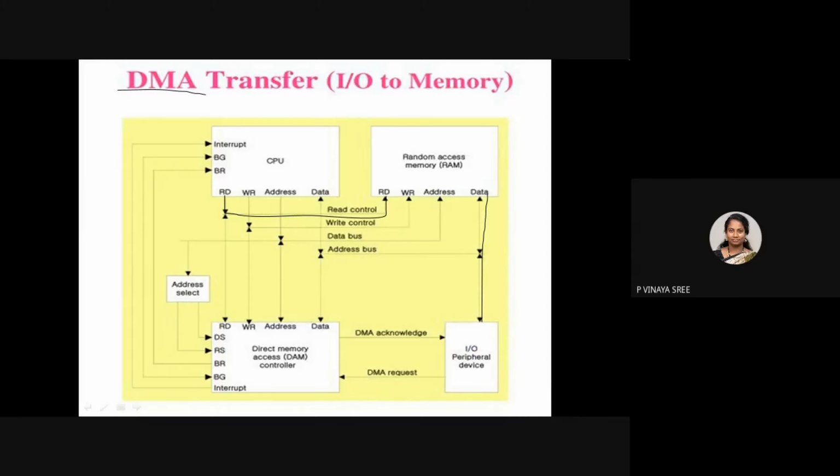The bus is under the control of the processor, and it fetches the instructions from the memory. This is your memory, and this is your processor. Whenever it is fetching, it fetches the data and then performs the execution, and for that it requires a bus: the control bus, data bus, and address bus.